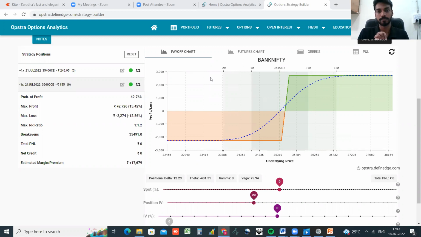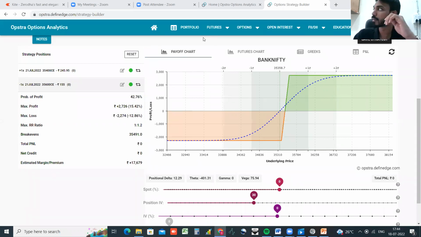All right, guys. So tell me something very frankly. How many people would choose to go with the naked calls, or how many people would choose to go with the spreads after this? So tell me your choice, spreads or naked calls.